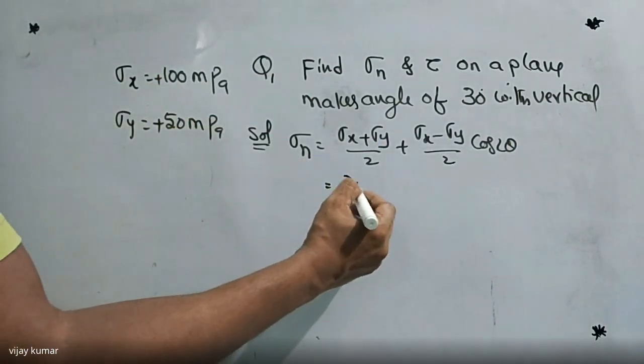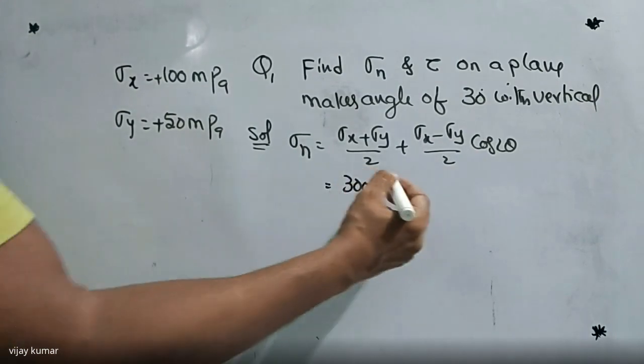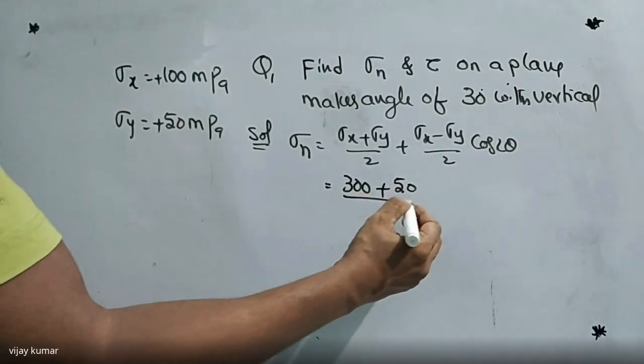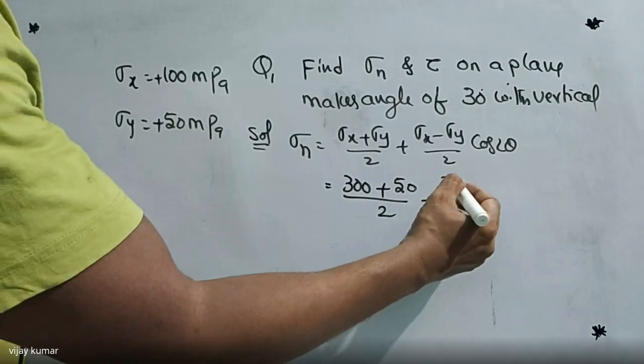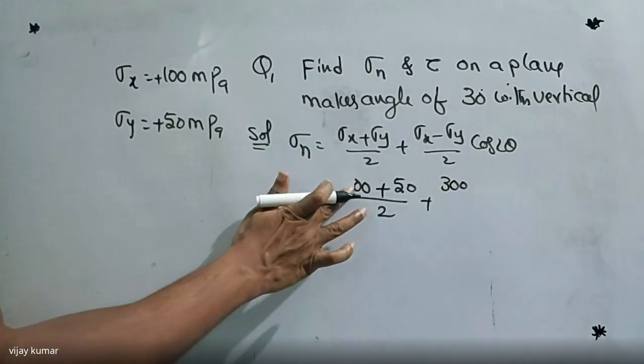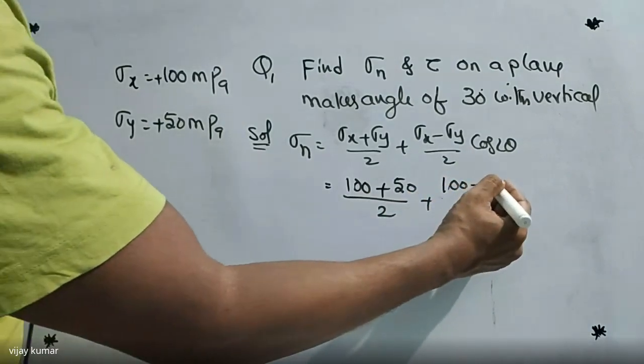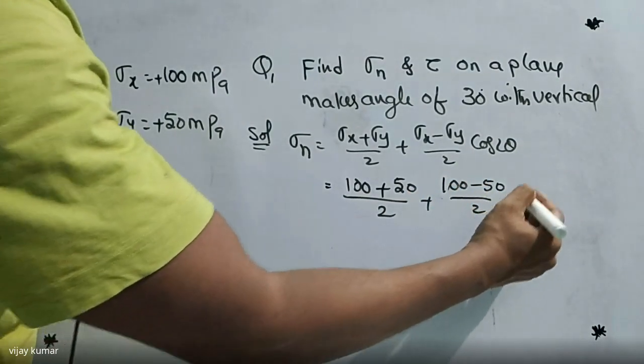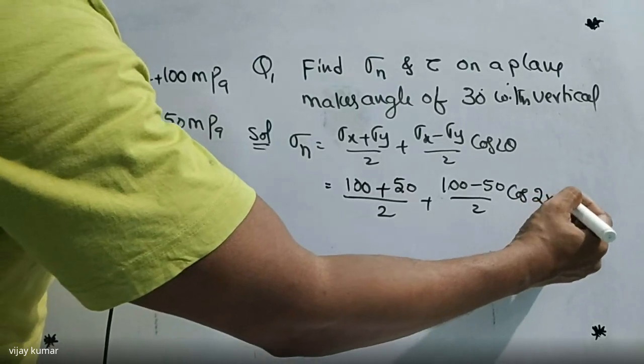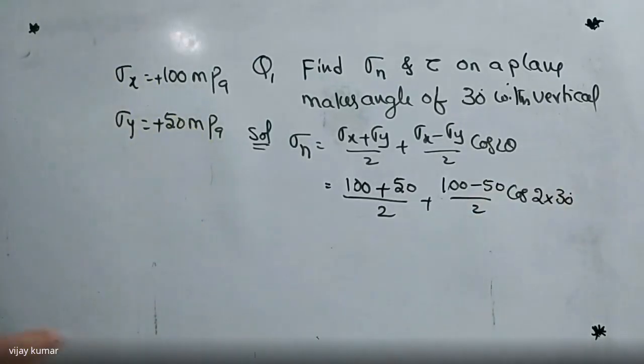Sigma x we can substitute here. That is 100 plus 50 divided by 2 plus (100 minus 50) divided by 2 into cos 2 into 30.